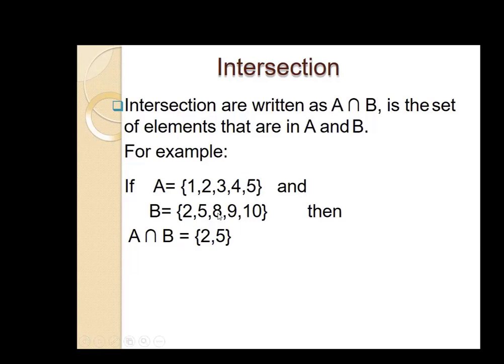Now you can see 8, 9 and 10. These three objects are only members of set B but not present in set A, right? So the only common elements of sets A and B are 2 and 5. So it is represented by A intersection B, and that is equal to 2 and 5, right?